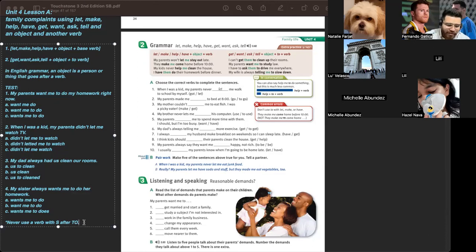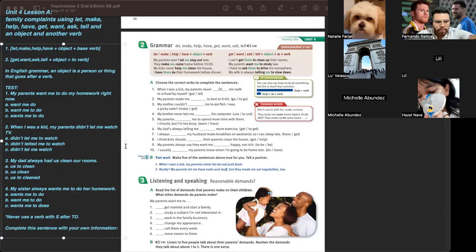One thing. Complete this sentence with your own information. When I was a kid, my mom never let me... complete that sentence.